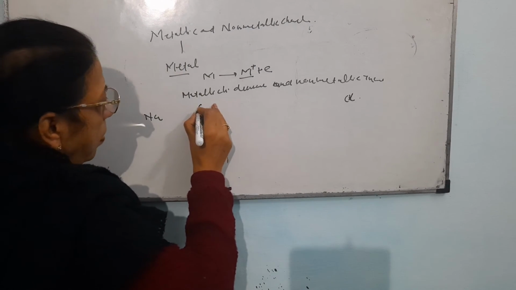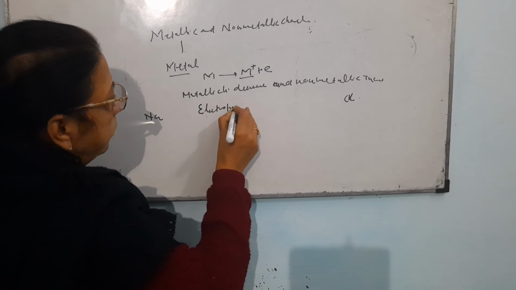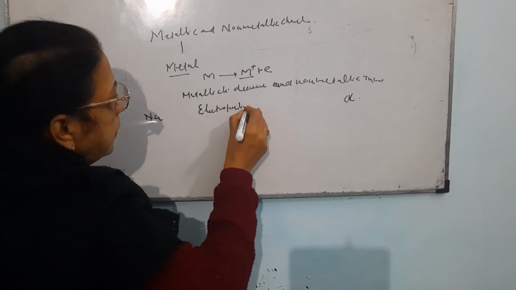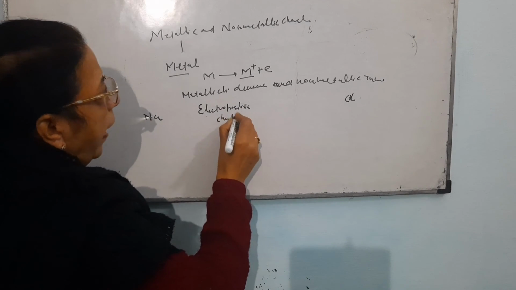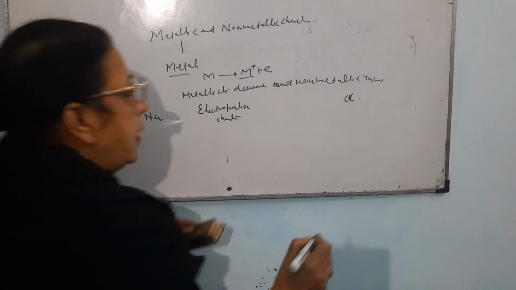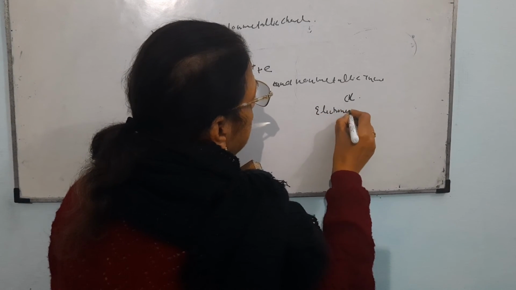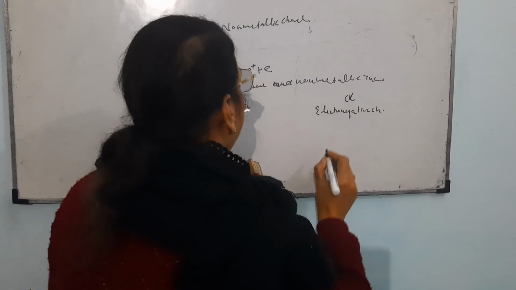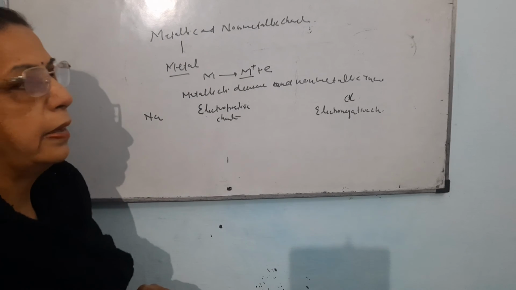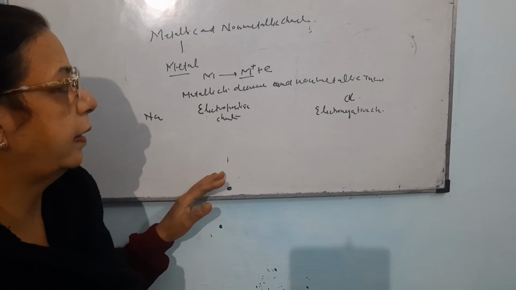Metallic character is also said to be electropositive character, and non-metallic character is said to be electronegative character. When we move in a period from left to right, there is a decrease in metallic character.